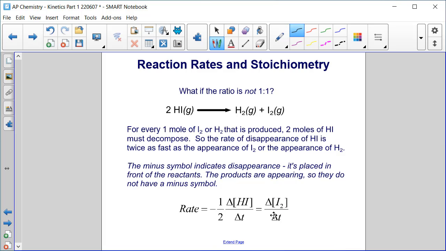The products are increasing or appearing, so they don't have the minus sign. So what did we do here? We put the coefficient down here below in the denominator, in the bottom of the fraction, right? To indicate that the rate of that disappearance will happen twice as fast as that of the products.